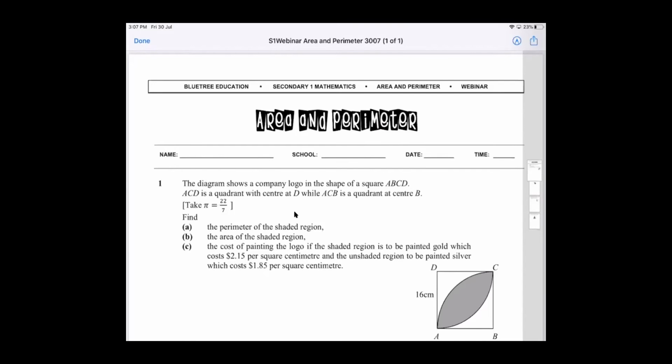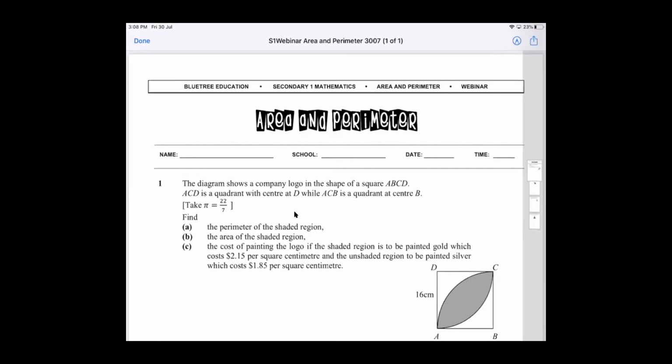In other words, if you have a foundation on area and perimeter, you just have to build on it. That means you just have to learn new formulas. The concept is still the same, just that we are going to learn new formulas for new shapes, for example a parallelogram, trapezium, a kite. We are just going to learn the area and perimeter of new shapes.